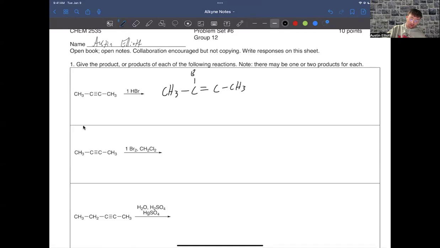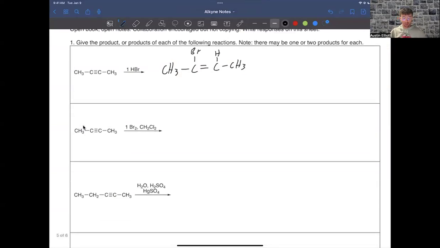So we're going to have our Br and our H. In this case, it's going to stop right there. We only have one unit. If we had two, then we could add another Br here, and then another H there. If we had a second HBr or excess HBr, that would occur. But in this case, the only thing that's actually going to happen is our product right there.